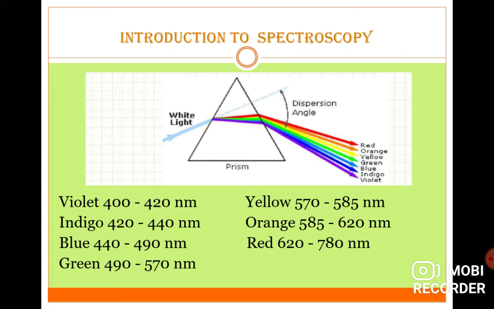Green is absorbed at 490 to 570 nanometer, and yellow in the range of 570 to 585 nanometer. Orange is absorbed in the range of 585 to 620 nanometer, and red is absorbed at 620 to 780 nanometer in spectroscopy or a spectrophotometer.